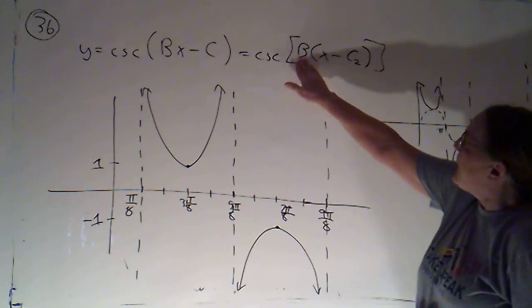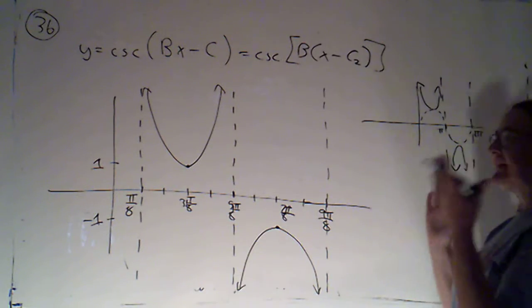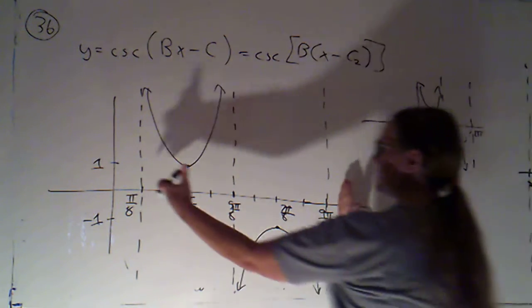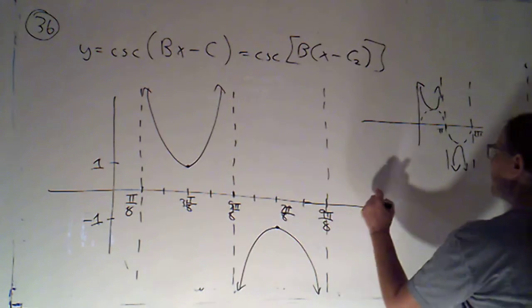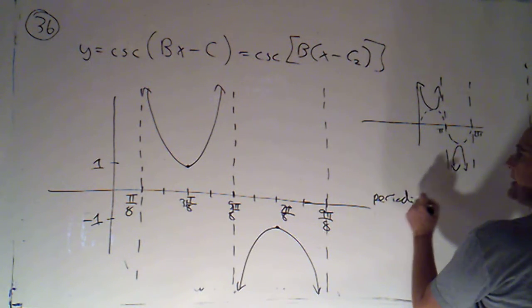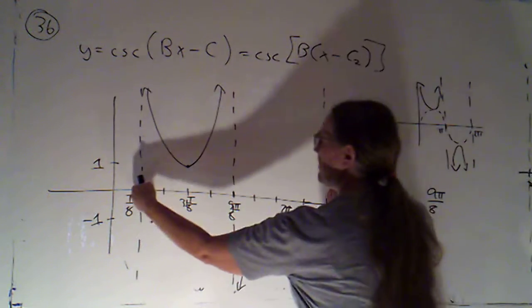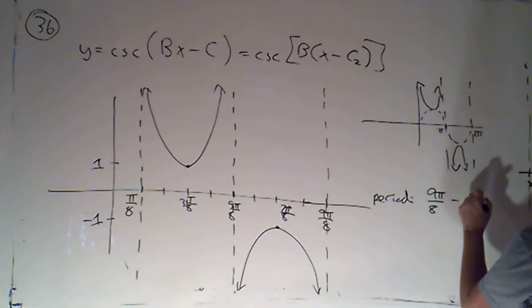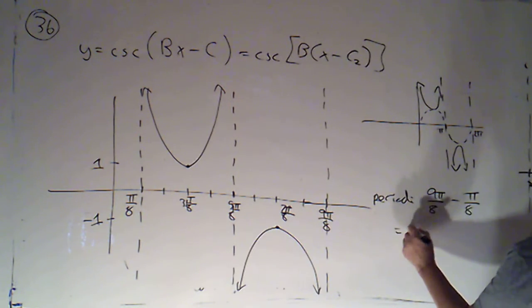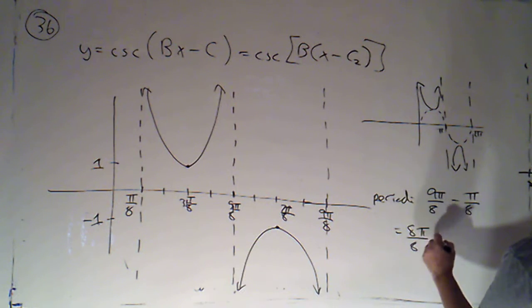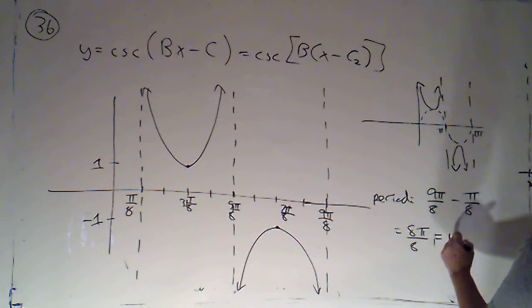Now I know that this number b is going to be related to the period. So let's see what the period is. The period is going to be the ending point of 9 pi over 8 minus the starting point of pi over 8. That's going to give me 8 pi over 8, which reduces to pi.